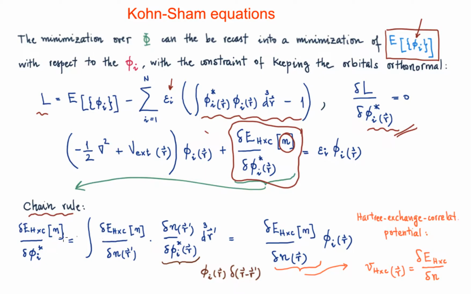So in order to do this derivative, we are going to calculate the functional derivative of this functional with respect to the density evaluated at r prime, times the functional derivative of the density evaluated at r prime with respect to Ci complex conjugate evaluated at r. And then we have to sum, in this case, integrate over all different possibilities for r prime. Okay, this is the chain rule that we are going to apply.